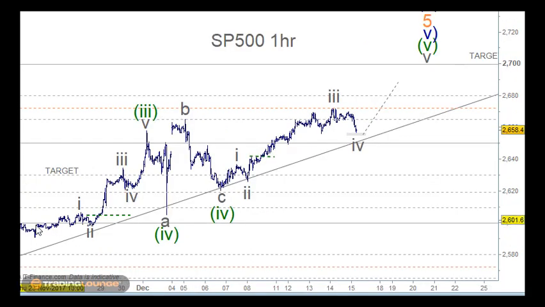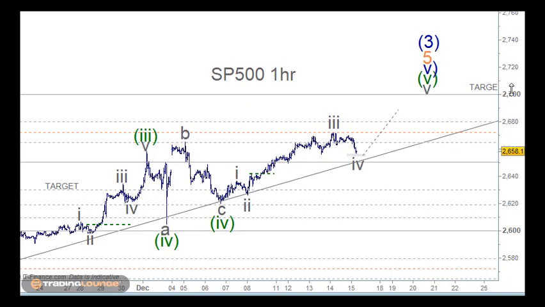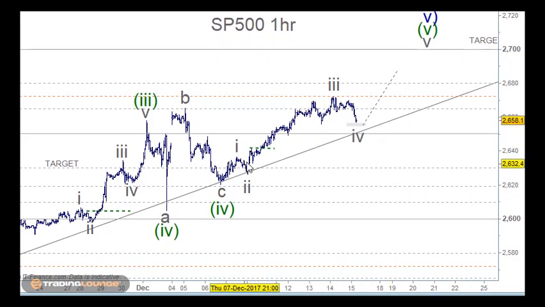The S&P 500, we've been looking at this as a wave 3, an A and a B and a C for wave 4, 1 and 2 and 3 and 4, pulling back to the wave 4 of one lesser degree, and then moving up a bit higher into the 27 or even the 27.20 area for its wave 3. So we wouldn't turn bearish if I've made a mistake in here.